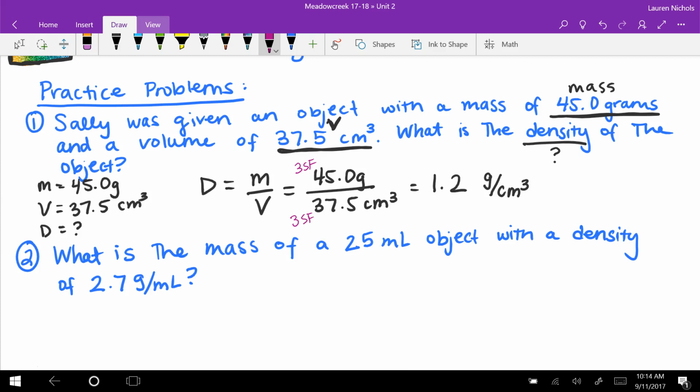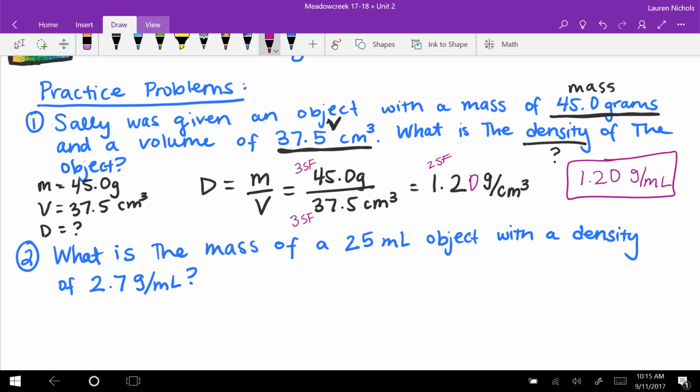So our answer should also have 3. However, right now it only has 2 significant figures. So I need to decide, what can I add to my number in order to make it have a 3rd significant figure without changing the number? And that would be a 0. So my final answer would be 1.20 grams per milliliter. And I would box that in.